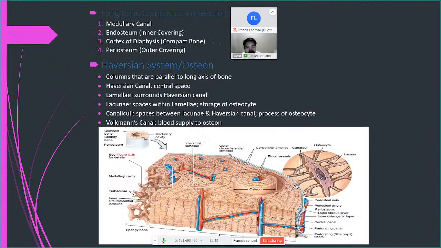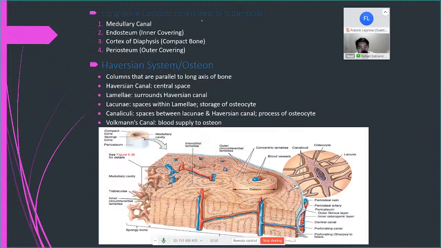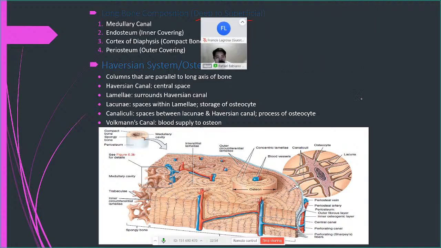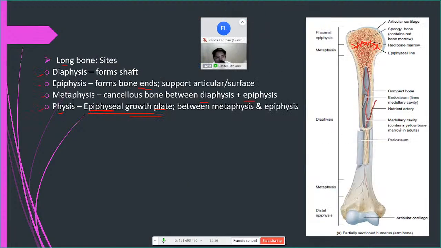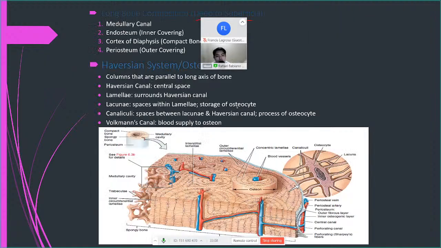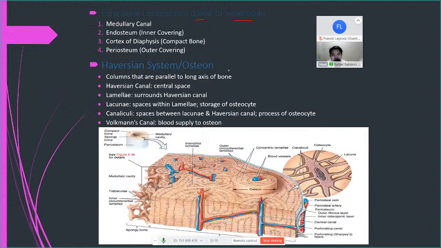All right. Then we have the composition of a long bone from deep to superficial, meaning just imagine this bone, you cut it in the middle, and then open it, and then you look from the top into the cut area. The deepest is the medullary canal.